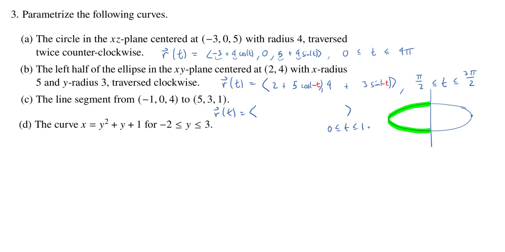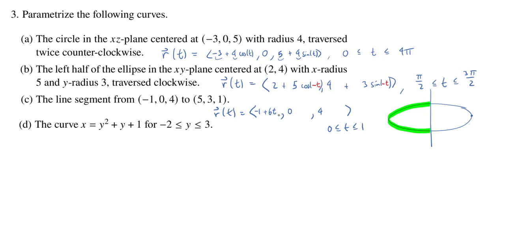We could make our t go between lots of different stuff, but we can always do it this way. Next, it's going to have 3 components, and we can start by just writing down the initial point. So -1, 0, 4. Then we ask, how much do I change the x coordinate by? Well, I go from -1 to 5, so I change it by 6, so I'm going to add 6t.